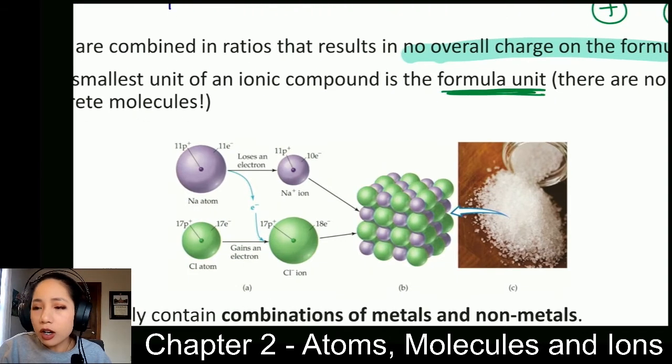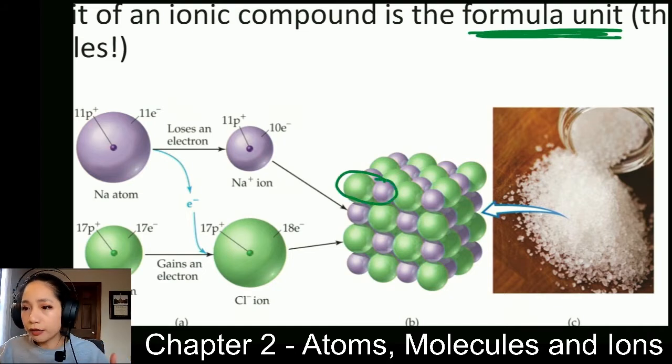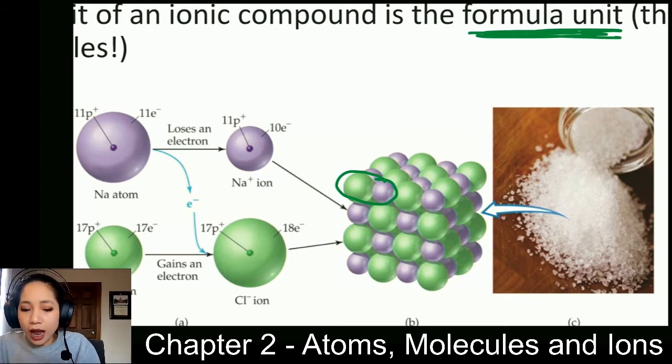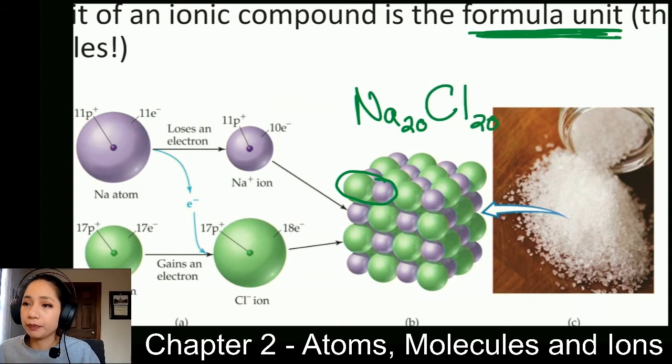When we talk about sodium chloride, we write it in a way where we only look at one of the units, the ratio of sodium atoms to chlorine atoms in the whole network. This picture might actually be like 20 sodium atoms and 20 chlorine atoms. But we don't want to write it that way as chemists. We want something uniform and consistent to convey sodium chloride to one another.